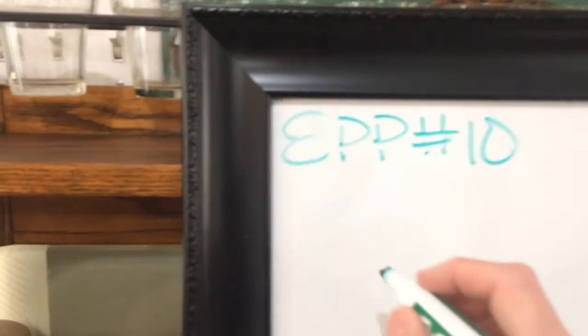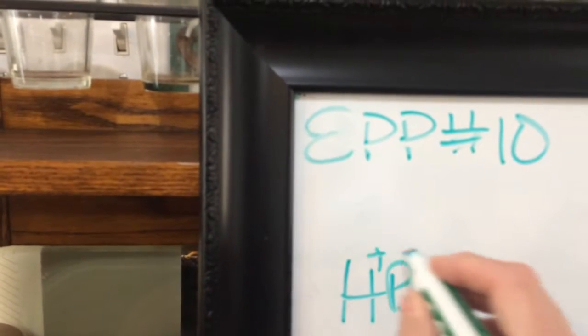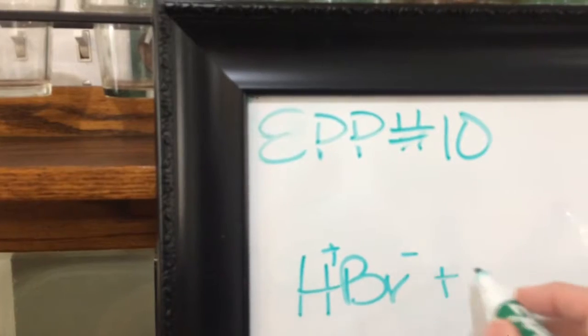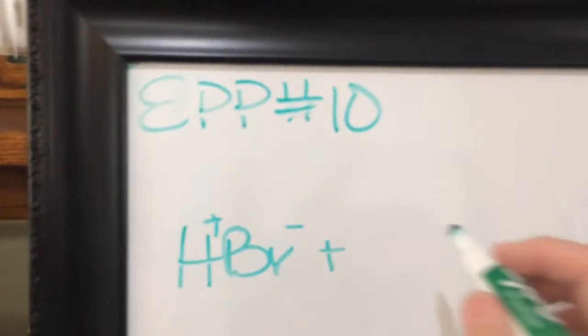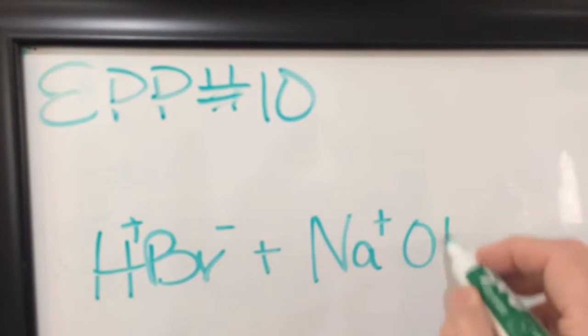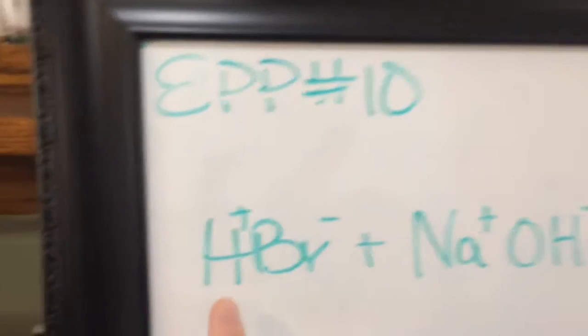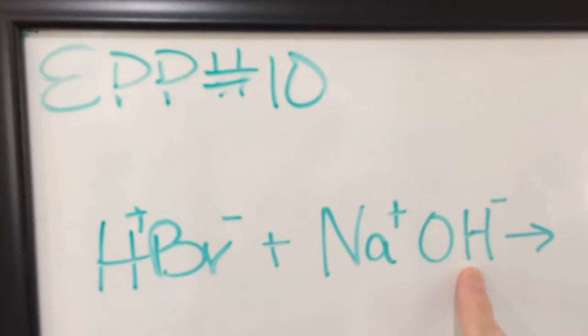Okay, so let's first write our equation. Okay, so we have HBr, that's a positive and a negative, okay, plus NaOH. This is a positive and this is a negative, so everything is working out just fine there. Now we have a hydrogen and we have a hydroxide.